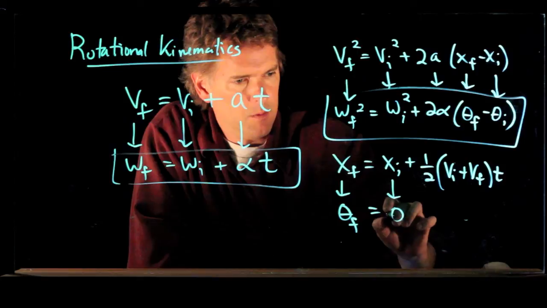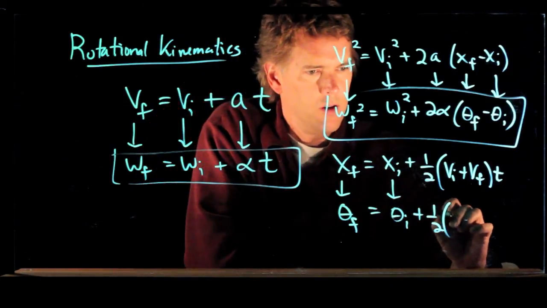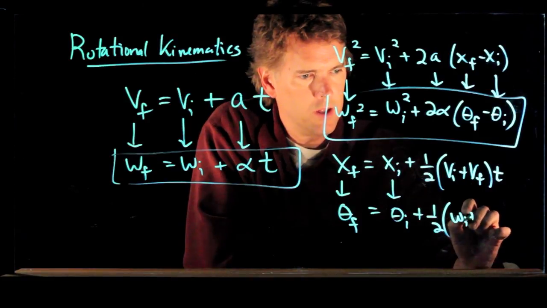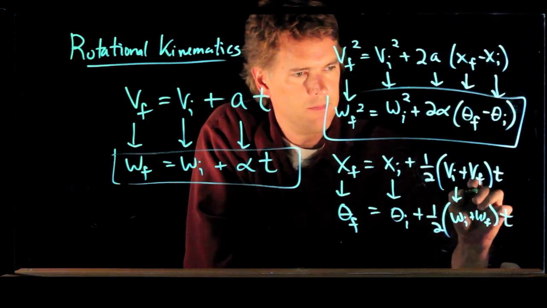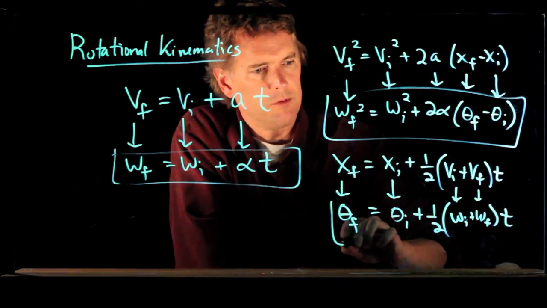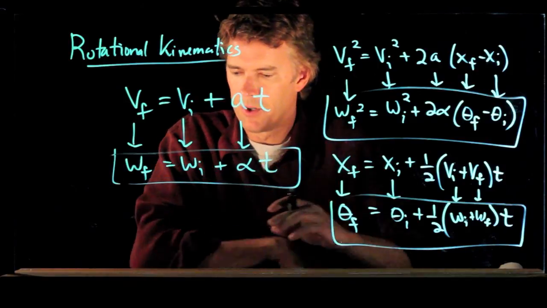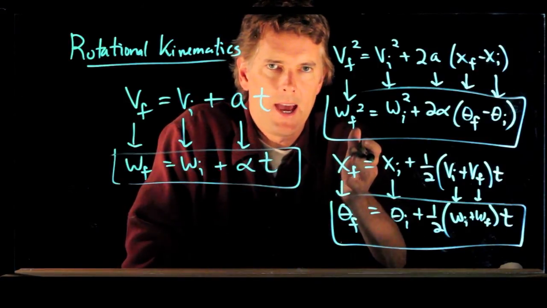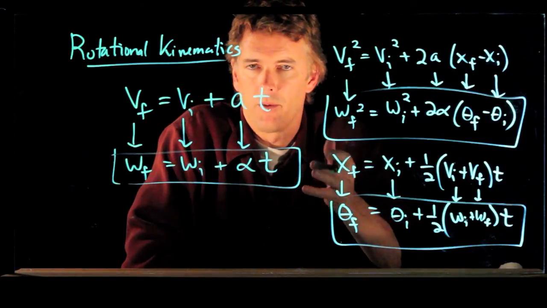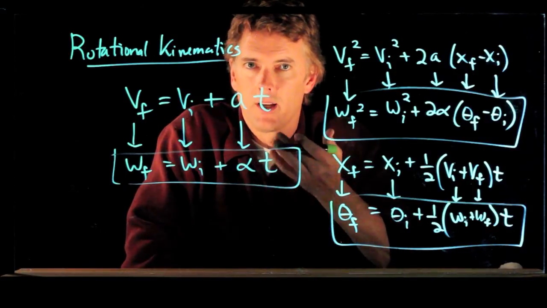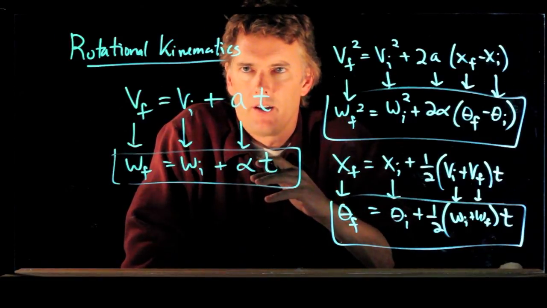Theta f equals theta i plus 1/2 (omega i plus omega f) times t. And that becomes our last kinematic equation for rotational motion. So, like we had in the linear case, 4 kinematic equations, we now have in the rotational case 4 kinematic equations. But there's an important caveat.